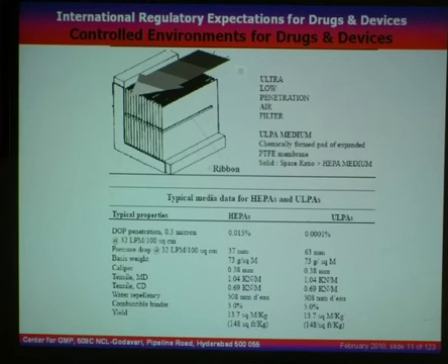So ULPA filters refer to a medium which is basically PTFE, which is expanded PTFE, a membrane-like thing which is expanded and then assembled as a filter and made available. One important characterizing feature is called the MPPS, the maximum penetrating particle size.